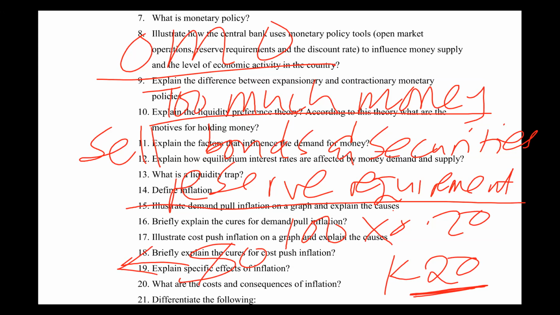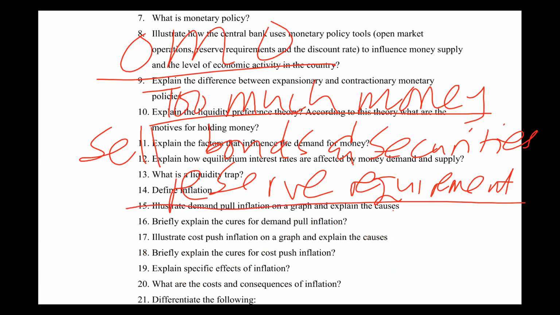That's what usually happens. So now, how does the central bank use the reserve requirement? If they want to reduce the supply of money, when you have too much money, they increase the reserve requirement. Is that clear?